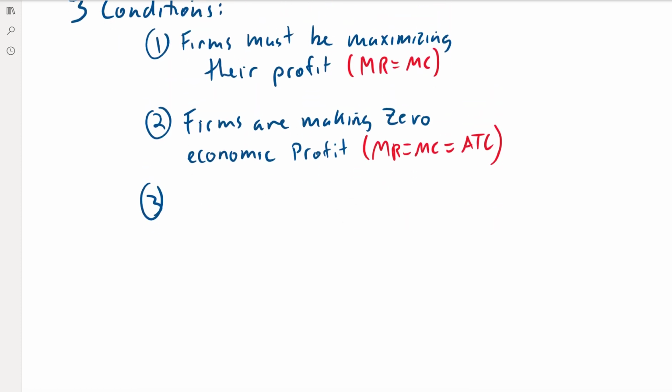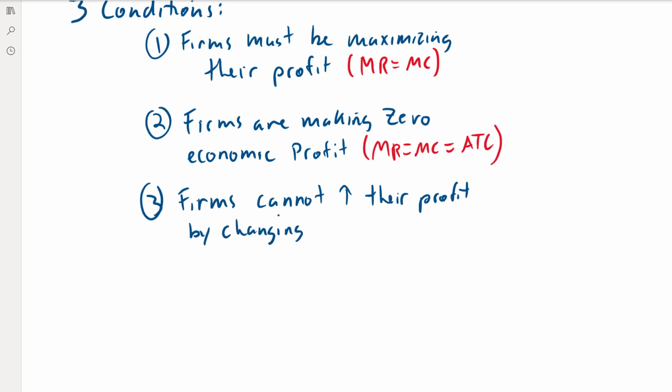And three, firms cannot increase their profit by changing the size of their production facilities.